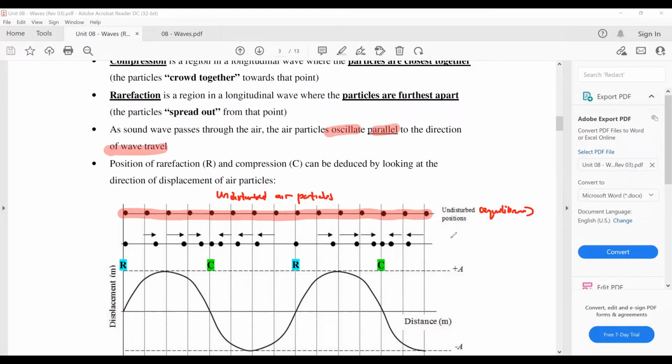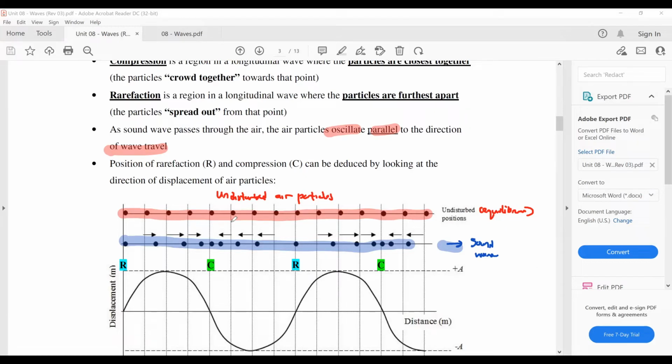So let's say I have a sound wave that goes towards the right. As the sound wave travels through, all the particles have displaced from their original equilibrium positions.